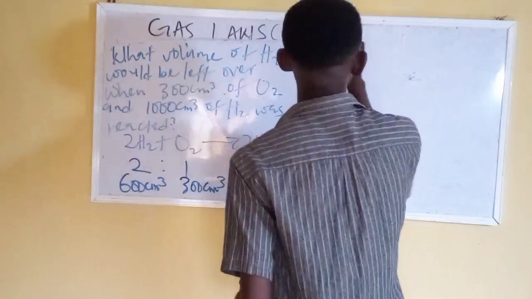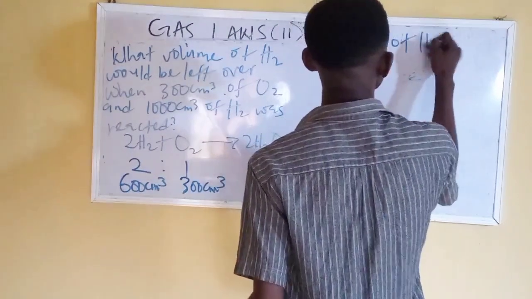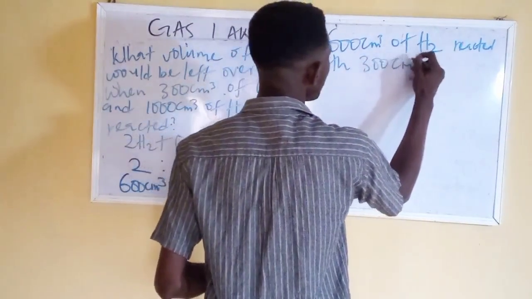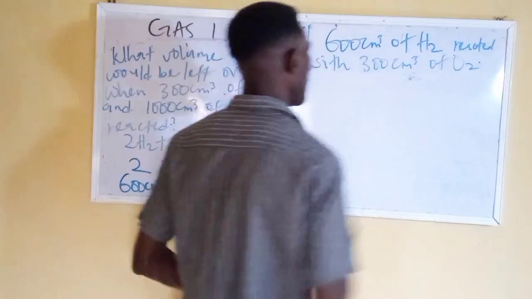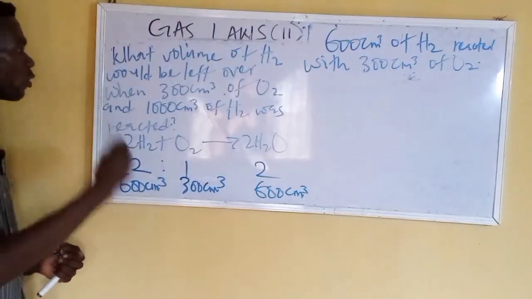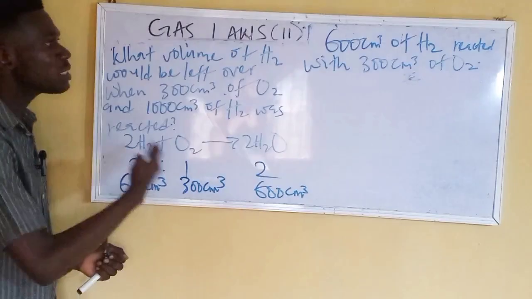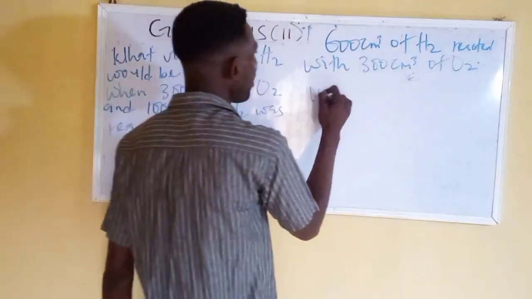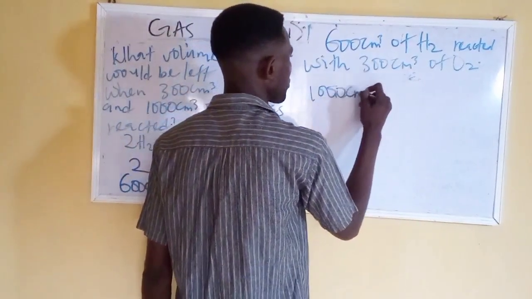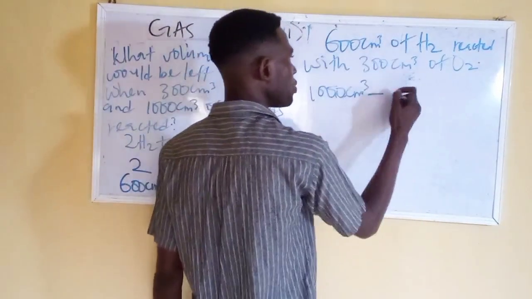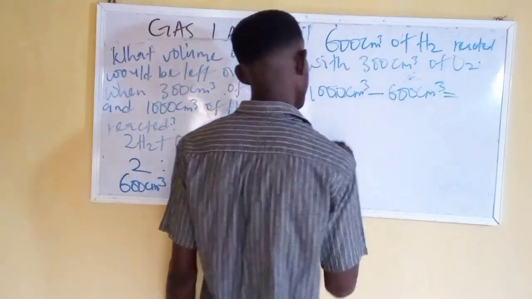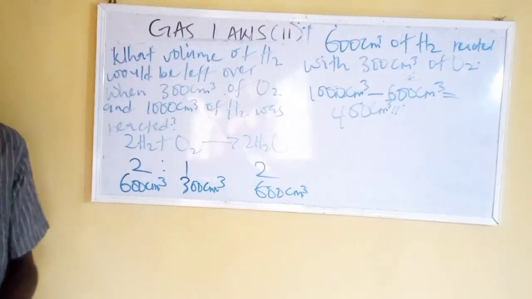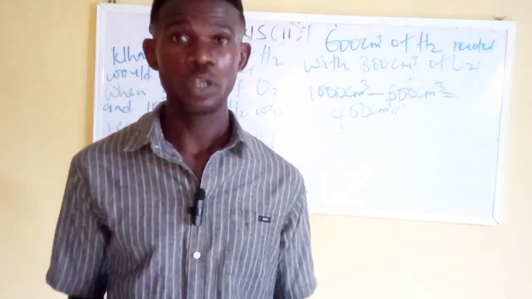So you have 600 centimeter cube of H2 reacted with 300 centimeter cube of O2. Hence, what remains of the H2 in terms of volume will be 1000 centimeter cube, which is the total, minus what was reacted, which is 600 centimeter cube, and the answer will give you 400 centimeter cube of hydrogen gas. Now that is how to attempt the question.